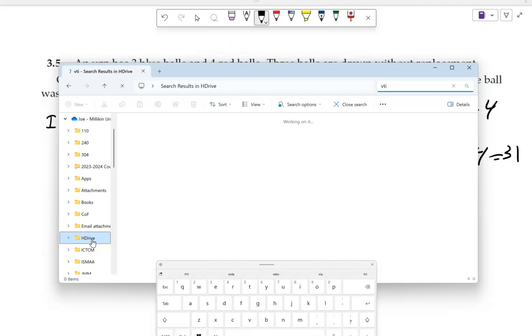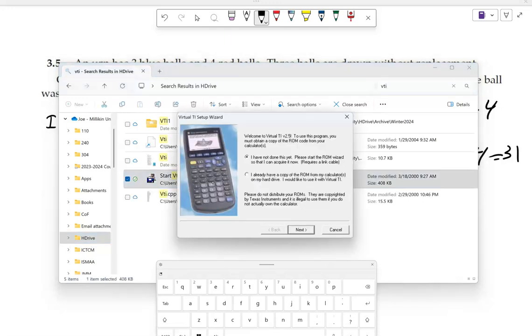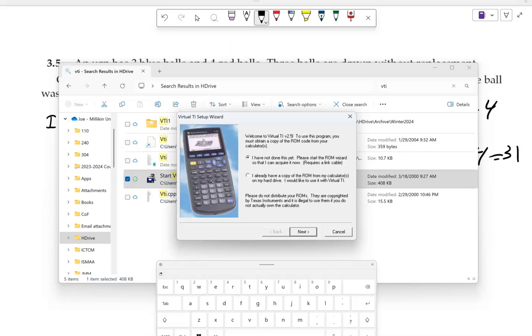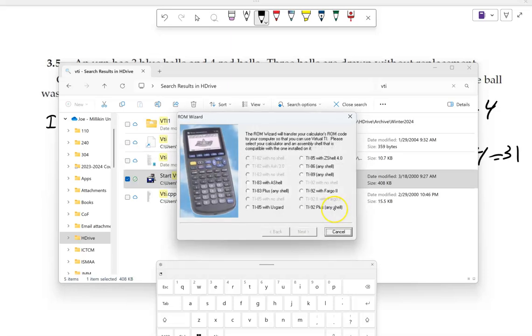I know it's on here because I used it yesterday in a different class. Just don't remember what folder I had it in. Oops, starting to get there. There it is. Just open.